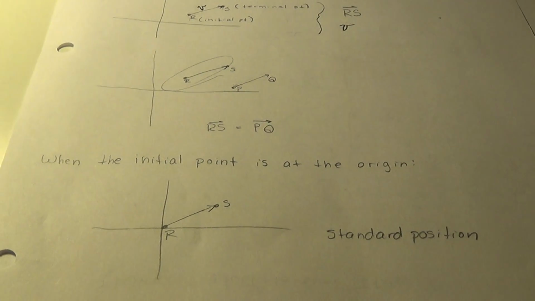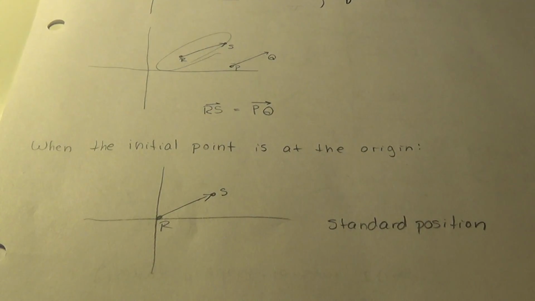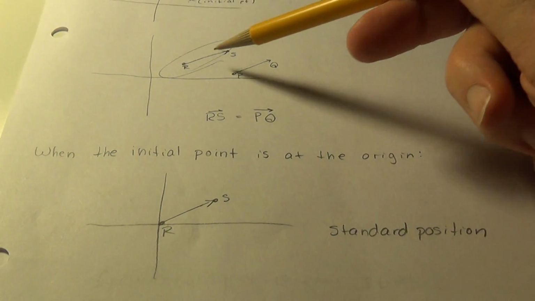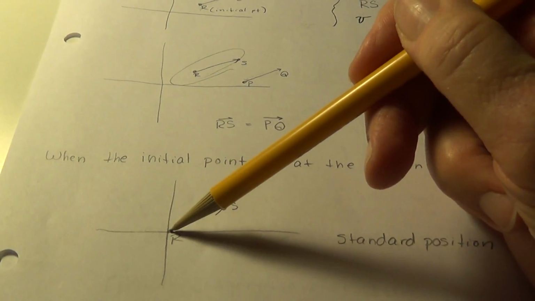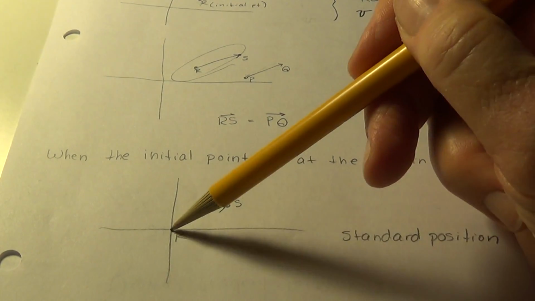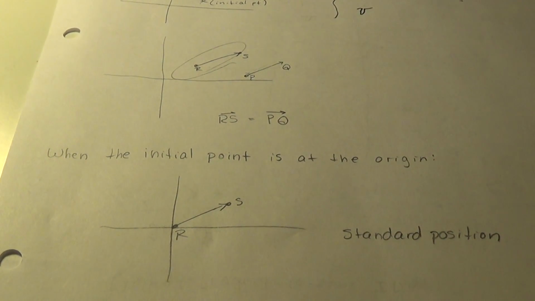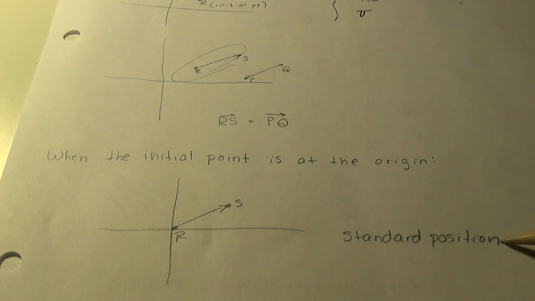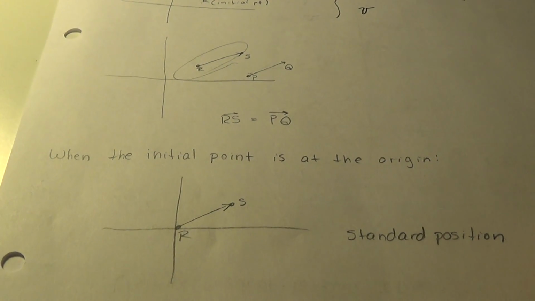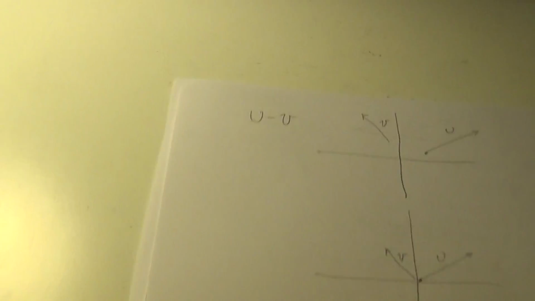I picked the vector up, kept the magnitude and the direction true, and moved it so the initial point is at the origin. When that is done, it's called standard position. Again, this is review for many of you, but I'm going nice and slow to make it clear for those who have not seen this.